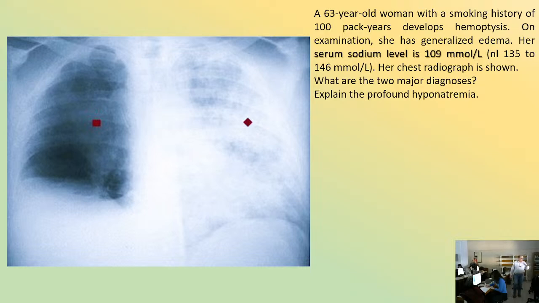Have a look at the symmetry of the lung fields, the right and the left, the upper, the middle, the lower. Is there a difference that you can tell me? Of course, we are not radiologists, but I think I see something that may make us think that the lesion of the right lung is malignant, is cancer.